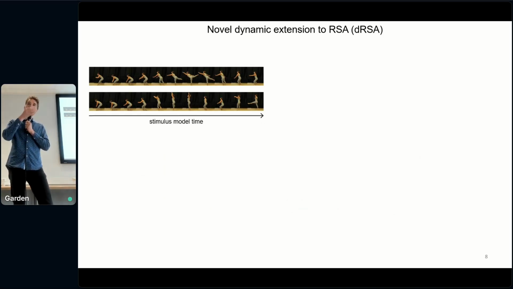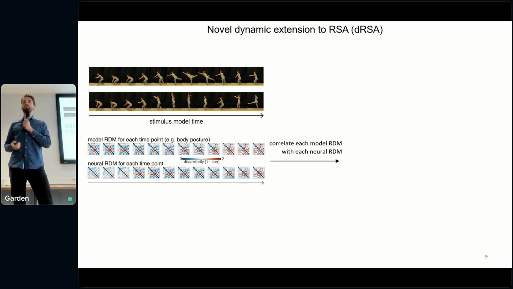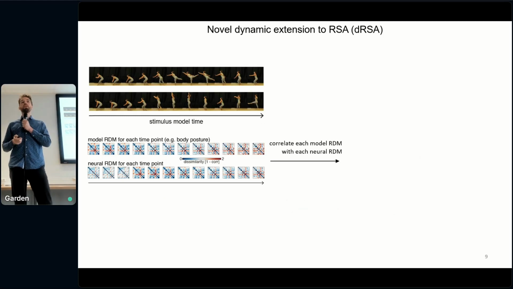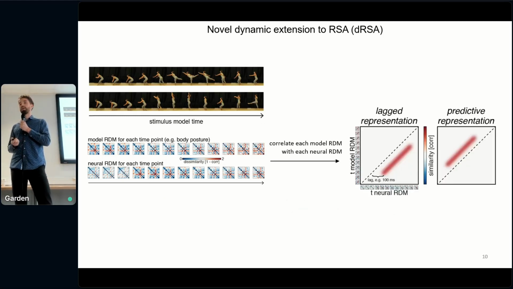So if again we have 14 videos, we can compute a representational matrix for each video time point. And now we have a dynamic model RDM and a dynamic neural RDM. And then the next step would be to compute the similarity between those for each neural by model time point. And then we get this two-dimensional RSA result.